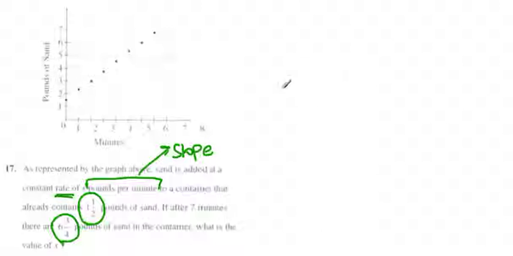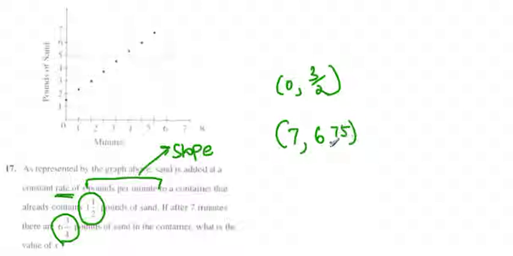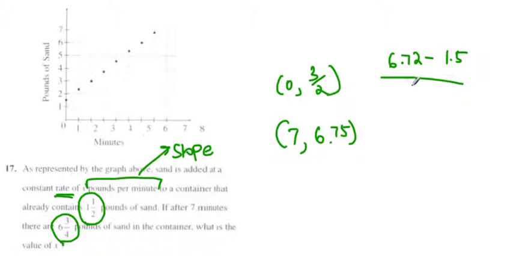So let's look at it. One point is (0, 3/2), since 1.5 becomes 3 over 2. The other one is 7 minutes later, where we end up having 6.75. Now to find the slope, we do y2 minus y1, 6.75 minus 1.5, over 7 minus 0.